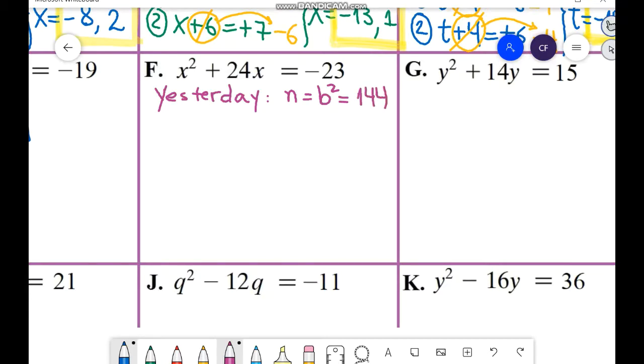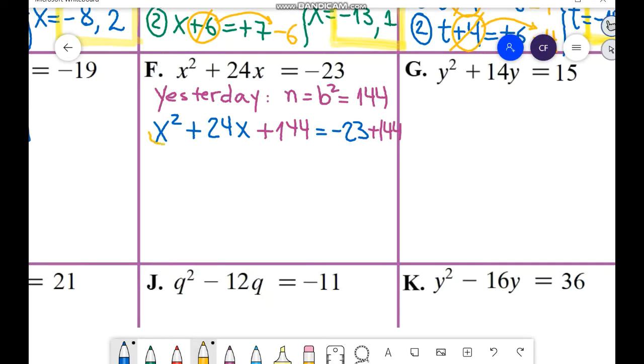This is from yesterday, right? Now I can add: x squared plus 24x plus 144 equals negative 23 plus 144.